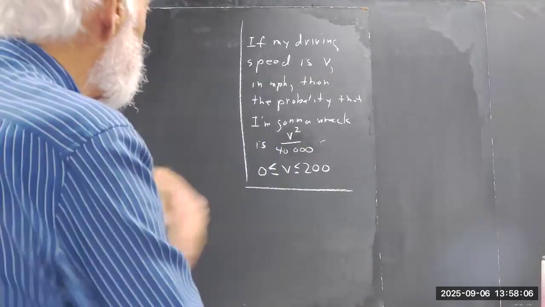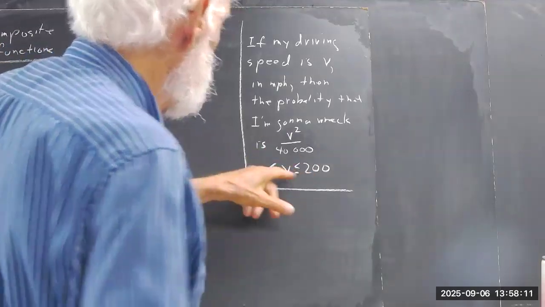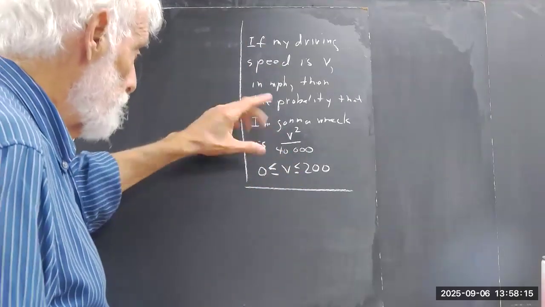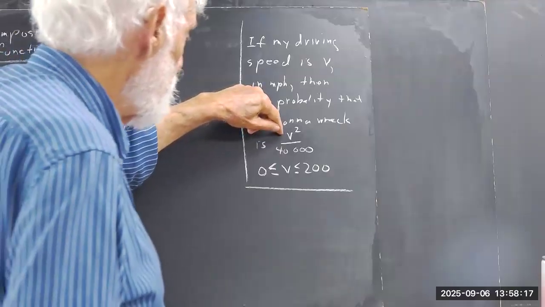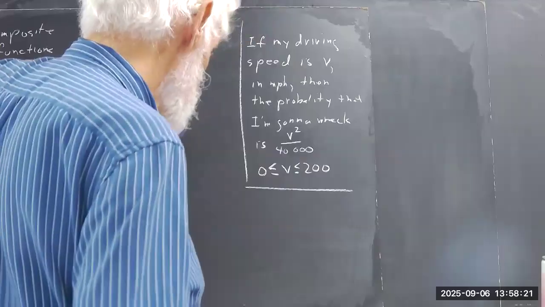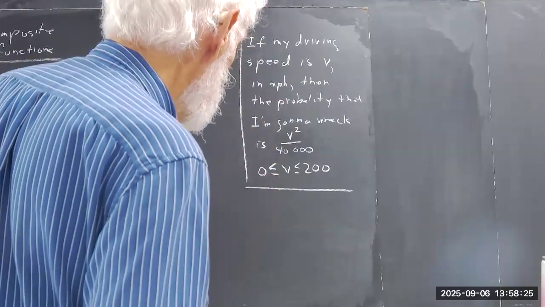Okay. So that when v is 200, that gets 1. That's kind of important, but you don't have to remember that. But if you understand probability a little bit, you understand what I just said. If you don't, that's okay. This is just an example of a composite.